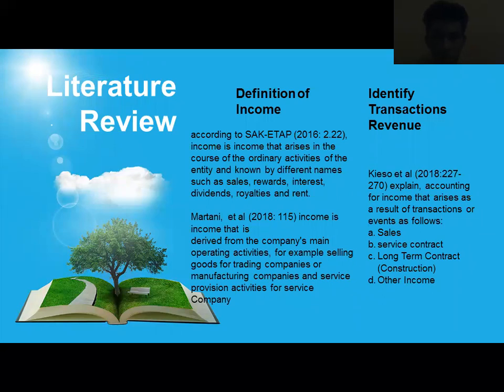Here, with our 2018, page 227 and 270 explain accounting for income that arises as a result of transactions or events as follows: sales, service contract, long-term contract or construction, and other income.